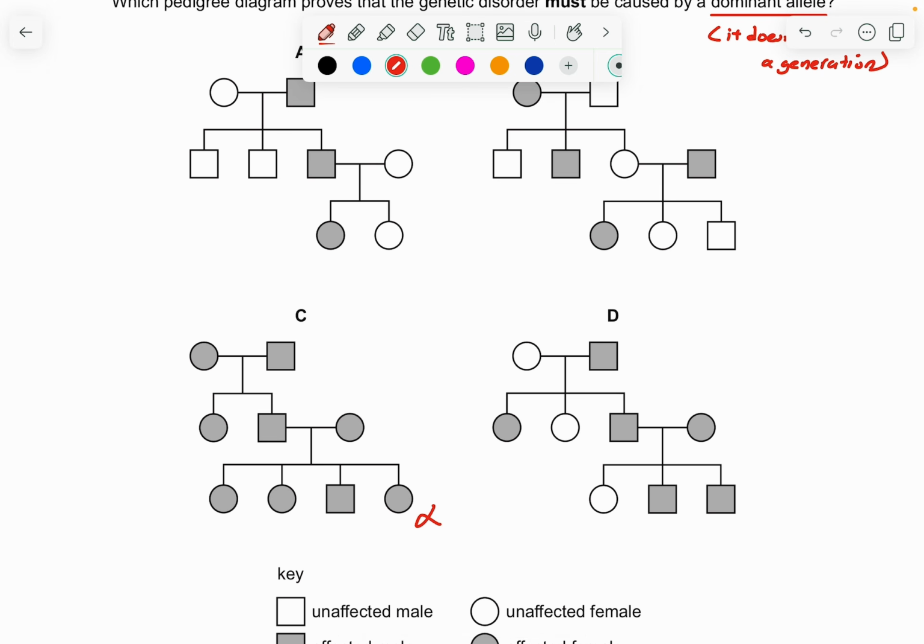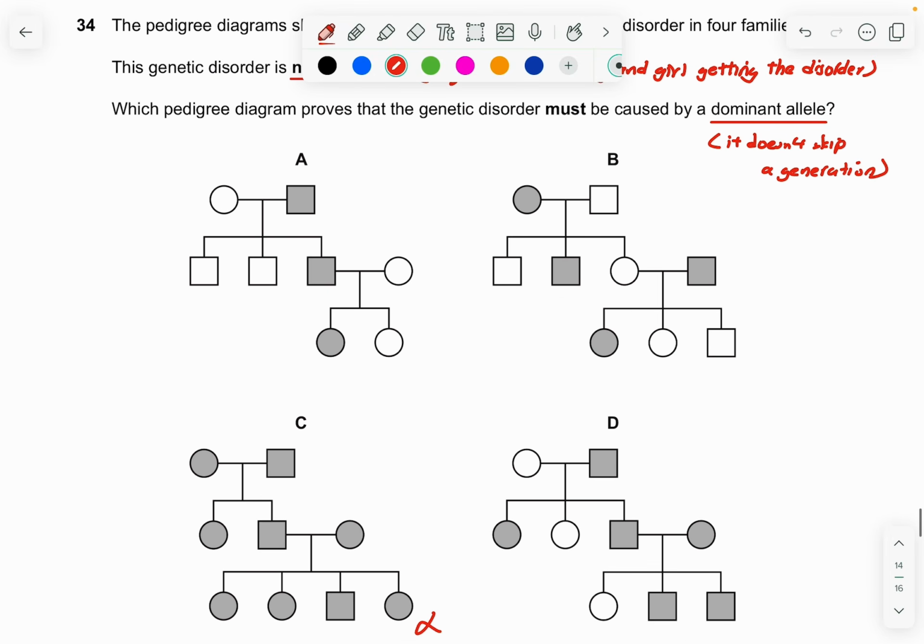Okay, so let's see for A. For A, you can see that there's one male getting it here, there's also one male, and then in the result you got one female getting it. So this one is a little bit odd.